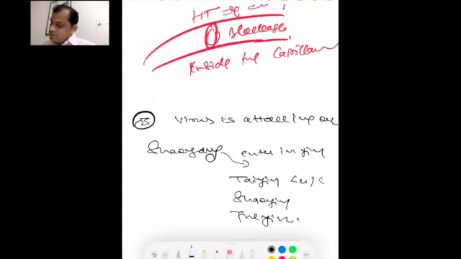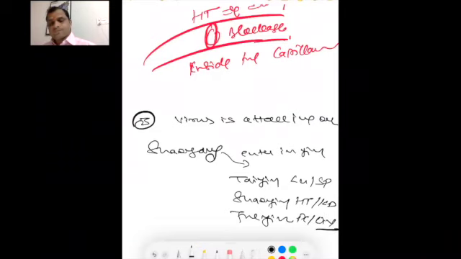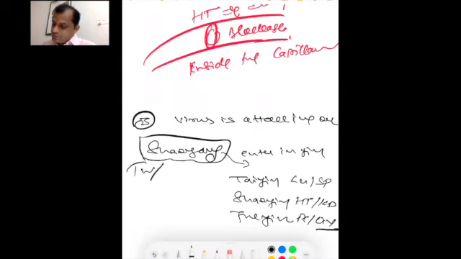Tai Yin means lungs and spleen, Shao Yin means heart and kidney, and Jue Yin means pericardium and liver. And here, the meaning of Shao Yang is triple burner and gallbladder.